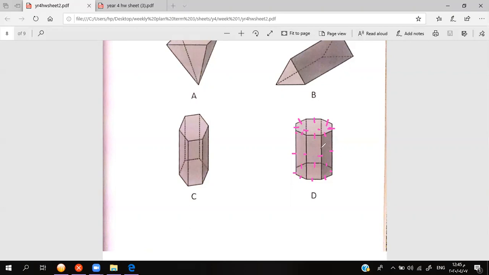The faces, it has 2 octagonal faces and 8 triangle faces.